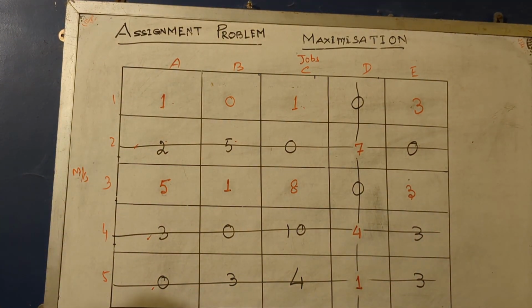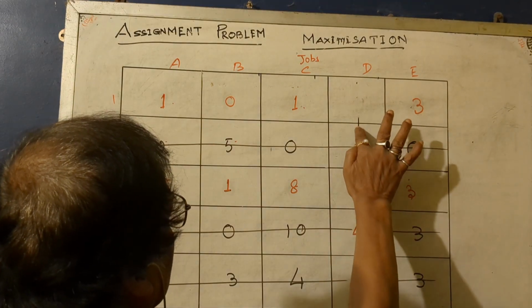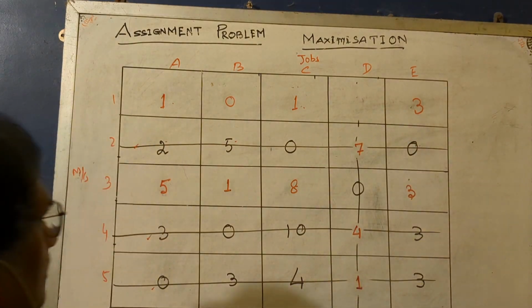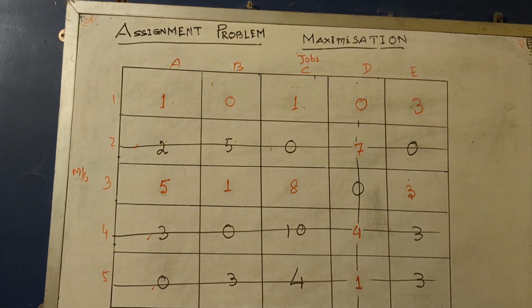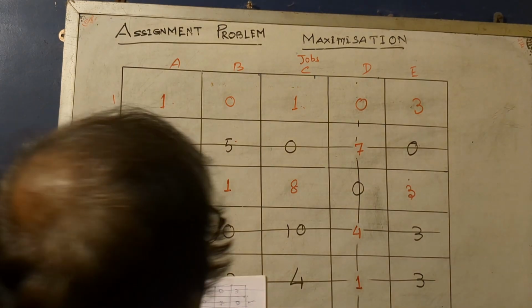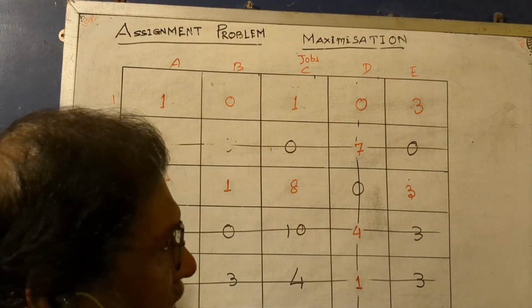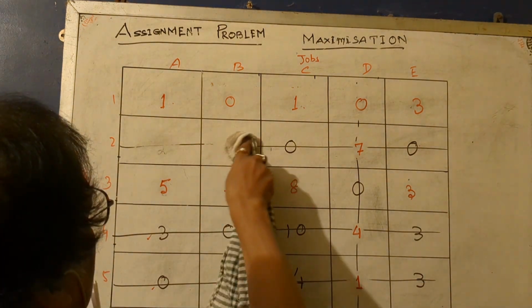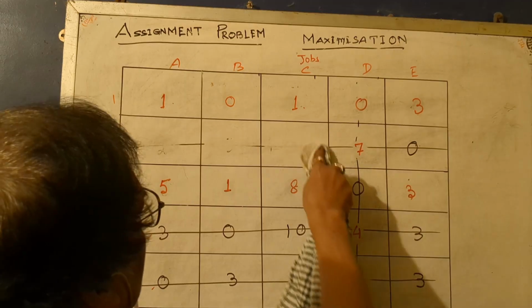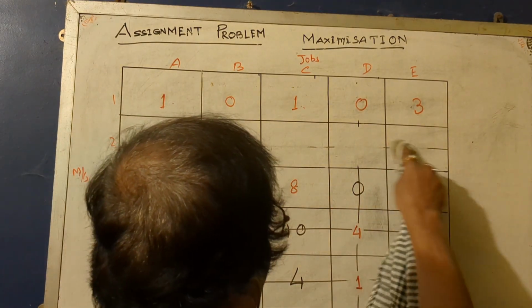Now, as we are using the same table, that's why we are erasing this. This is 0. This is 0, 1, 0, 1, 0, 3, and I am just writing it in a fresh way. It will be better to use it for that. That's why you just note it in your copy.